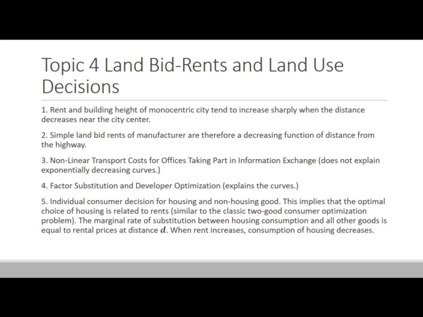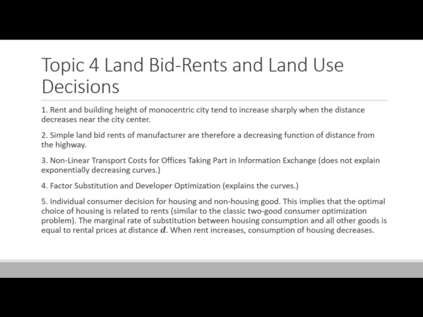But as I said in the lecture, you don't need to be able to derive the solution. Instead, we have this condition where the marginal rate of substitution is equal to the marginal rate of transformation. It's the marginal utility ratio between housing and non-housing good, which is equal to the relative price of housing, that's the rent, against the price of a non-housing good, which is normalized to 1.